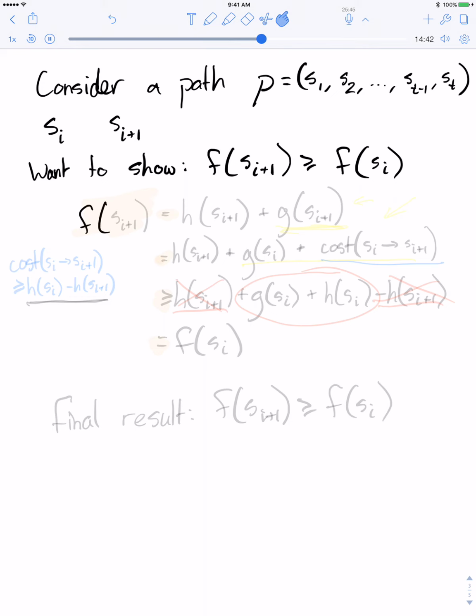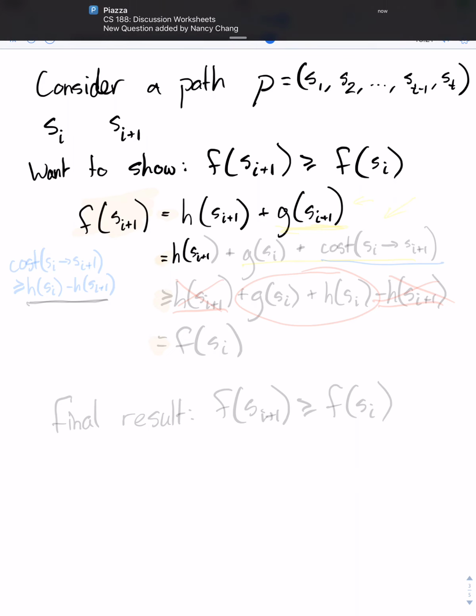F of Si plus 1 equals H of Si plus 1 plus G of Si plus 1. So far, all we've used is the definition of F, which is just from A star search. It's the heuristic plus the cumulative cost so far. Now, because we know the path that Si plus 1 came from, it first went from S1 to Si, and then from Si to Si plus 1.